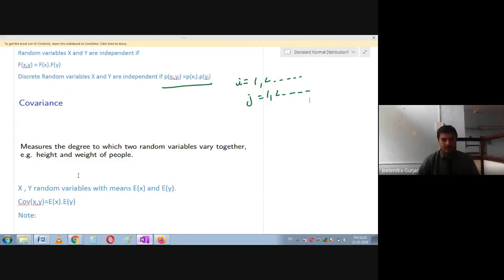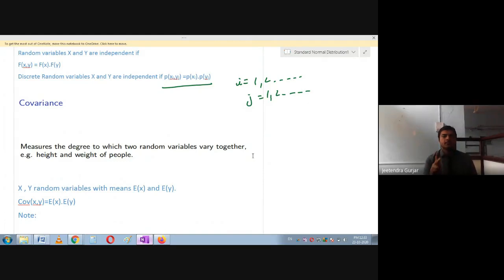Covariance is nothing but the measure of the degree to which two random variables vary together. That is what I said: if two random variables vary together and you calculate the degree to which they vary together, then that is covariance.